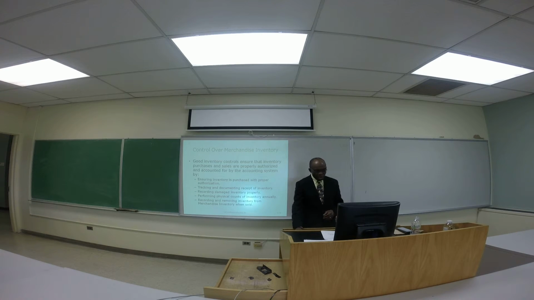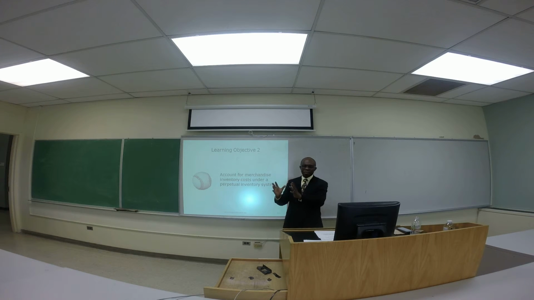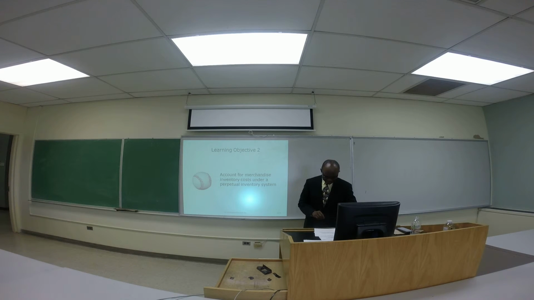Now, moving along, let's take a look at the second objective: account for merchandise inventory cost under a perpetual inventory system. We have two methods for accounting for inventory: the periodic inventory system and the perpetual inventory system. We did talk about this extensively in chapter 5.